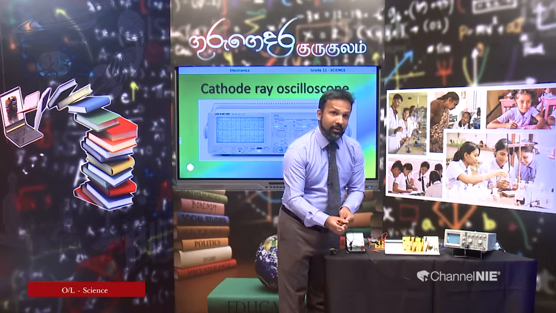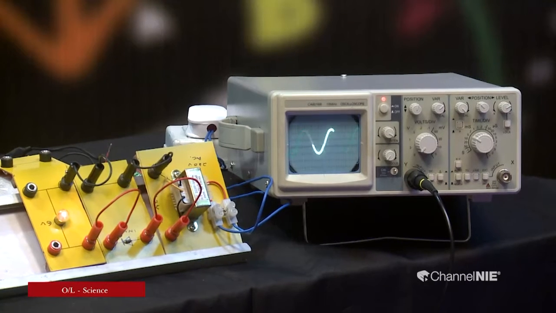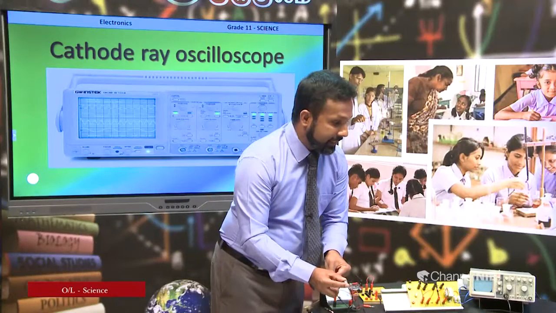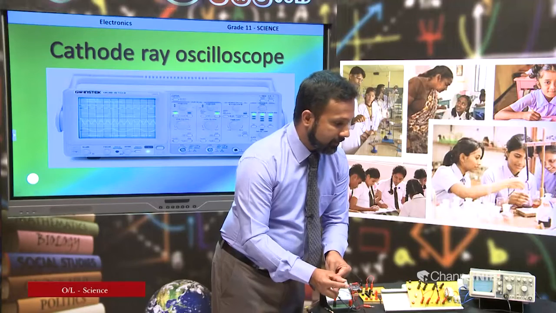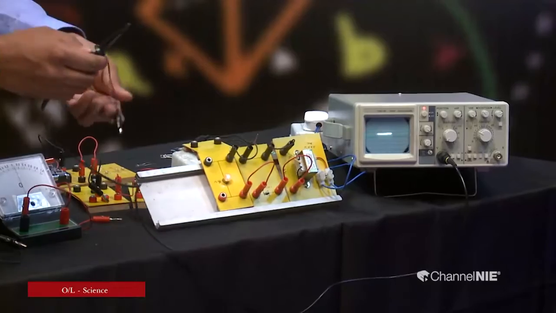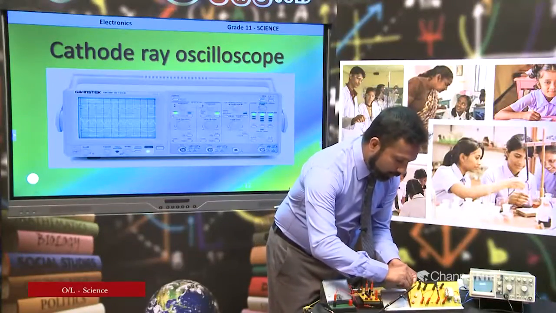That is because of the very small induced current generated within the human body. This can sense only by a cathode ray oscilloscope. You can see the difference when I touch the needle.